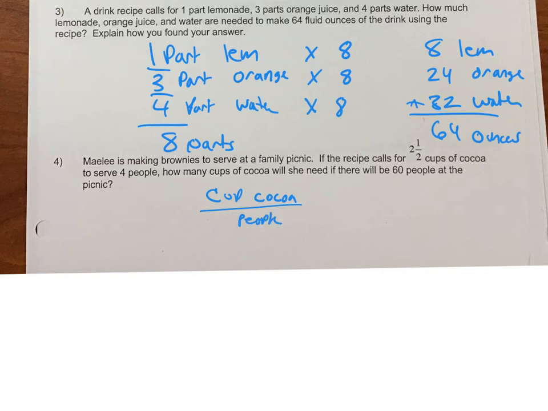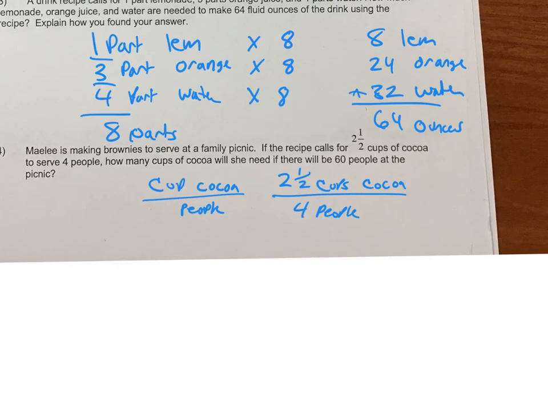And so we have 2.5 cups of cocoa that serve 4 people. Okay. So how do we get down to 1? We want 1.